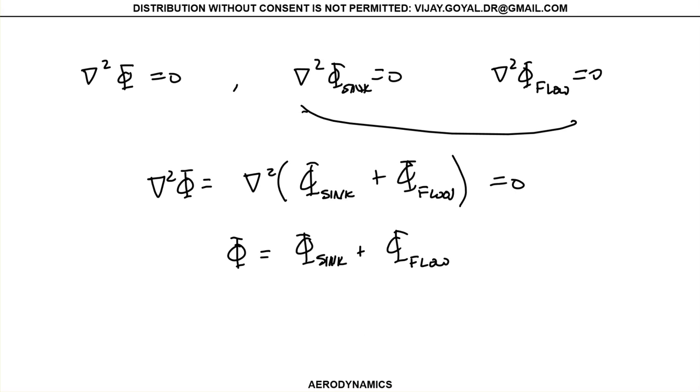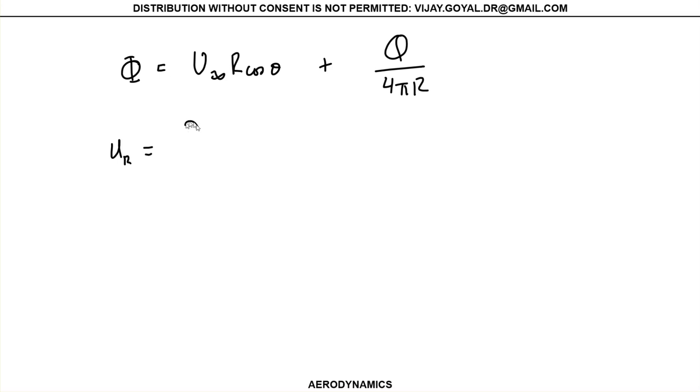Okay, so I can add them all together. If I do that, you find that the equation you get is the following. Your phi is going to equal u infinite r cosine of theta plus q over 4 pi r. And if you wanted your velocity, then your velocity r is nothing else than the derivative of phi with respect to big R, and that gives you u infinite cosine of theta minus q over 4 pi r squared.